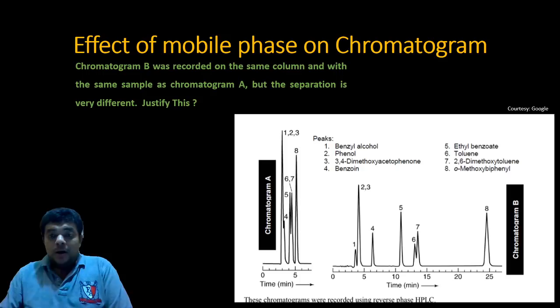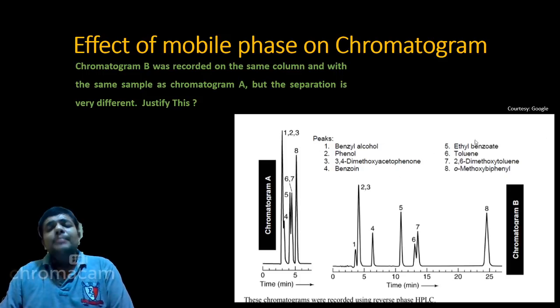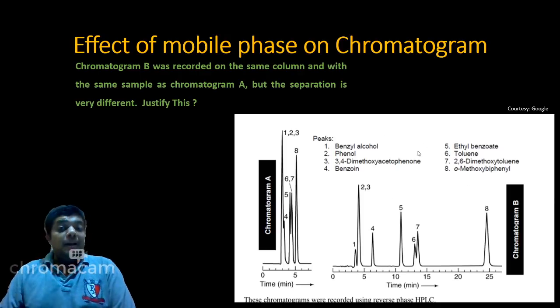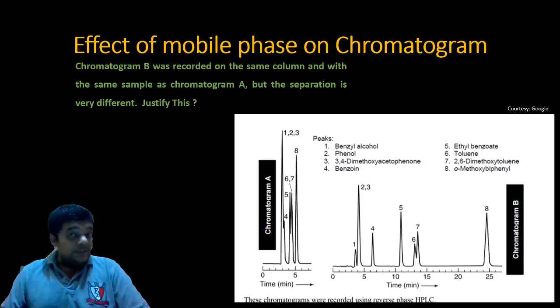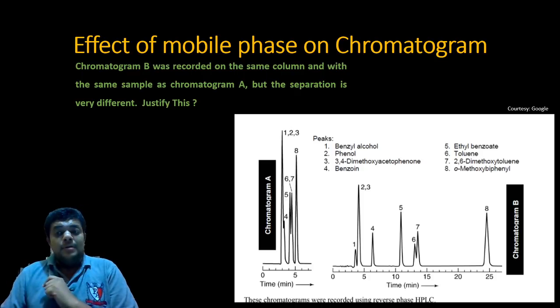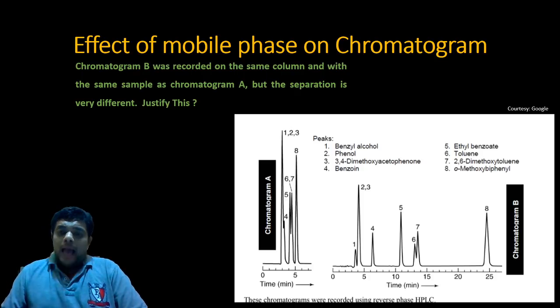It means all these compounds were having the same nature as the mobile phase. And you can guess it easily, being a science background person, if you look towards the names, leaving one or two: alcohol, phenol, acetophenone, benzoin, benzoate, dimethoxybiphenyl.